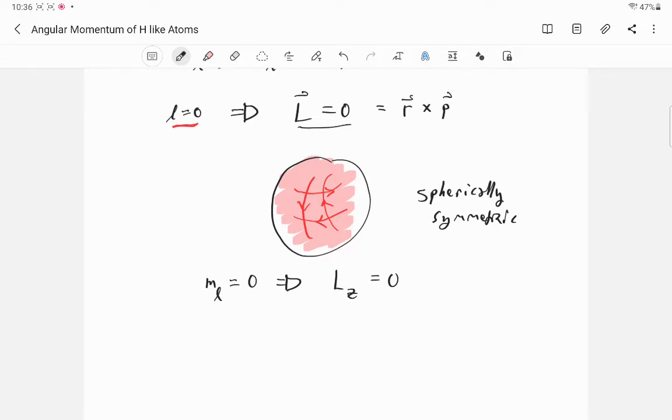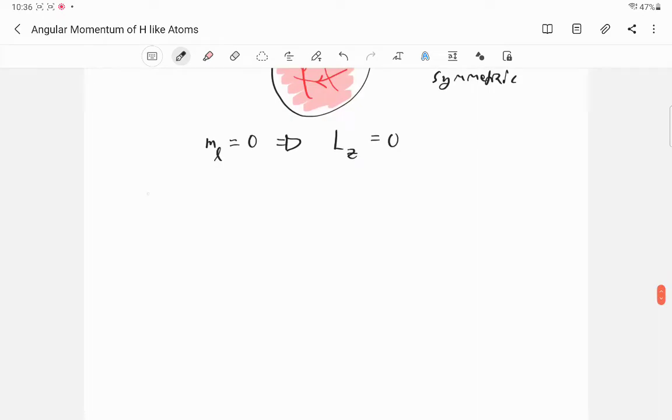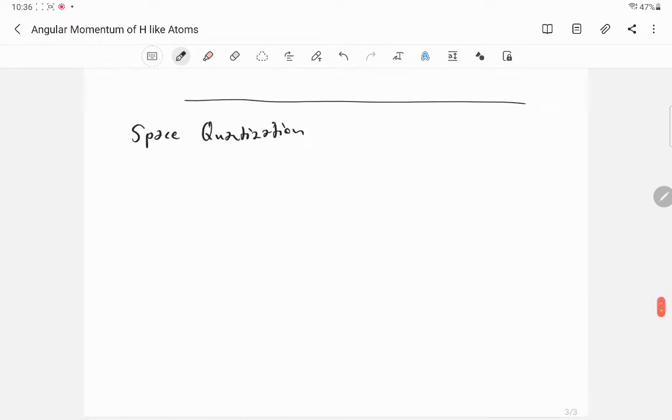Okay, so let's go on and talk about, let's see, I'm just looking at my notes real quick. All right, here's another really interesting, strange idea. This is called space quantization. For an example, let's choose any value of n such that we can have L equals 1.